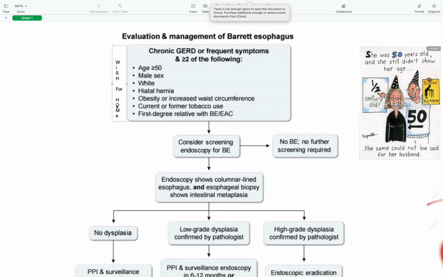The mnemonic for this is wish for home, so we can revise this again. W here stands for whites, S for smoking tobacco, H for hiatal hernia, F for 50, H for history of cancer in the family, O for obesity, M for male sex.